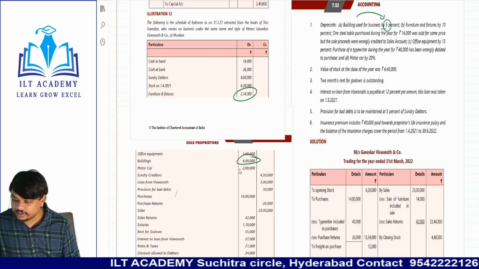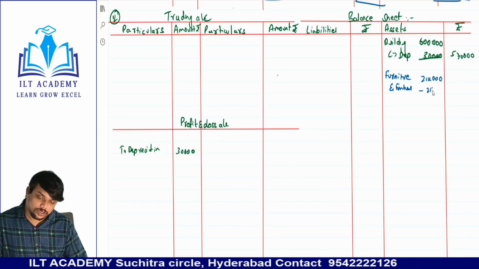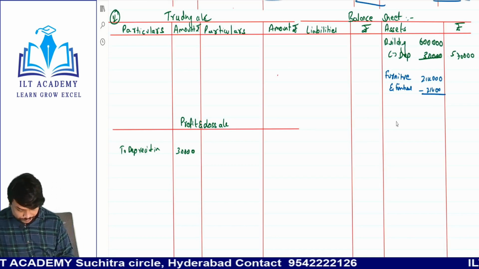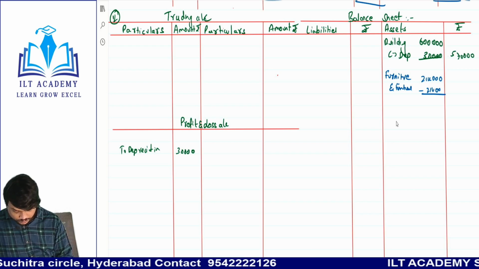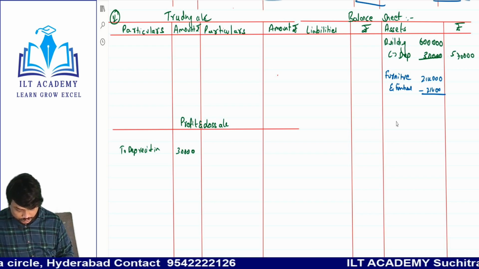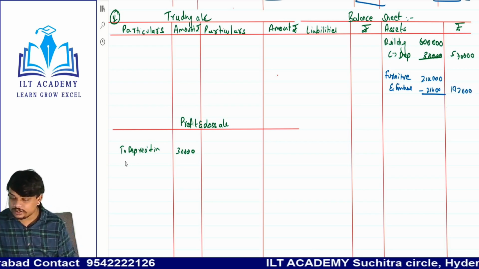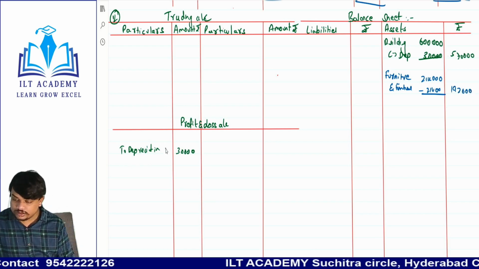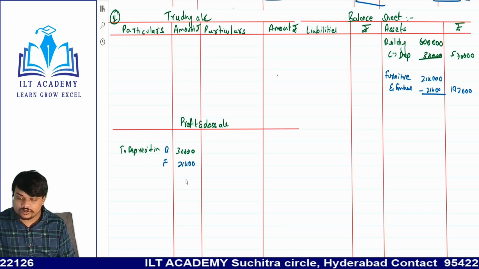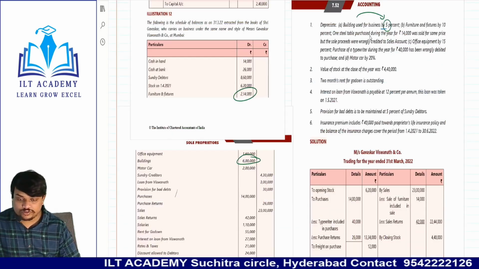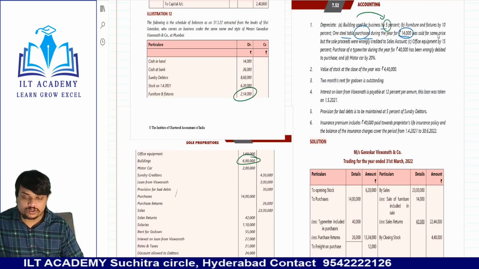How much is the amount? 2,14,000 minus 21,400, which will be 1,92,600. So the depreciation on building and furniture is 31,400.